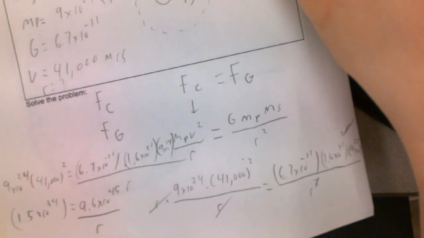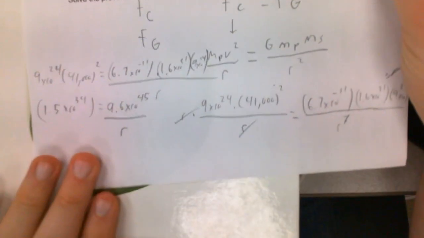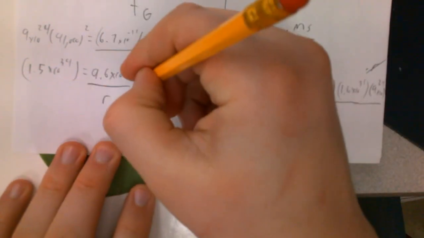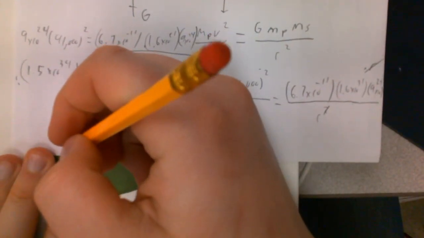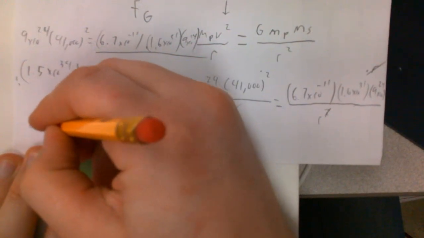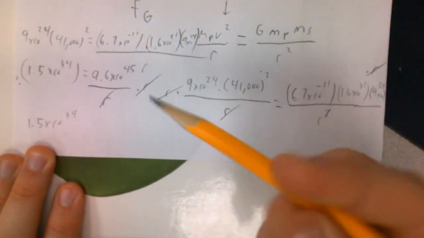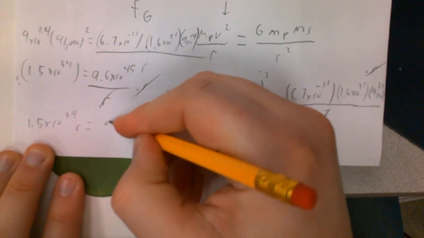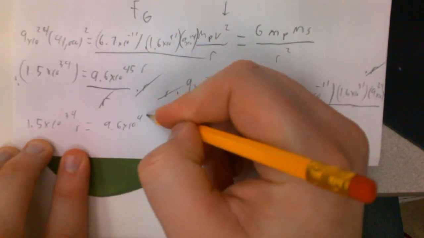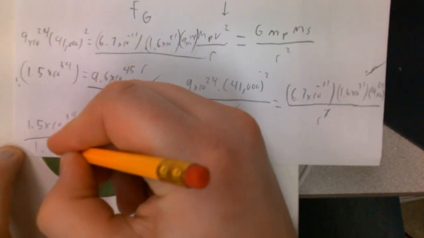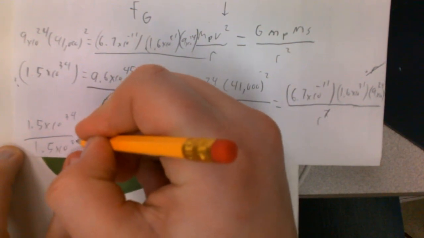So solving this for r should be pretty easy. We want r on both sides, multiply by r. We get 1.5 times 10 to the 34th power times R equals 9.6 times 10 to the 45th. Divide by 1.5 times 10 to the 34th.